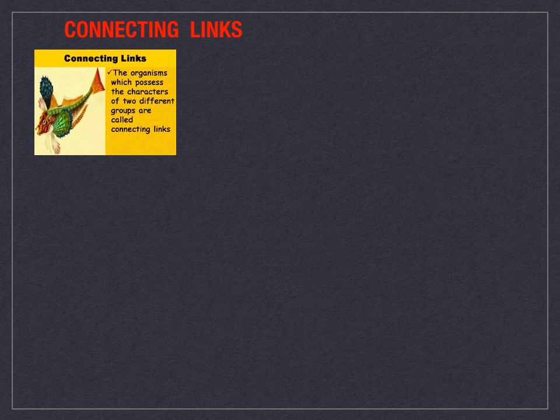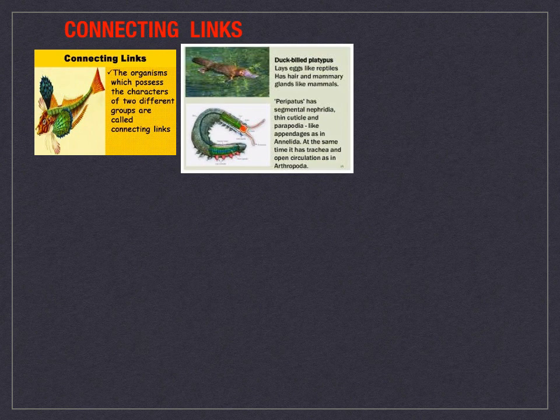For example, in peripatus, characters like a segmented body, thin cuticle, and parapodia-like organs are present. Similarly, these animals show tracheal respiration and an open circulatory system similar to arthropods. This indicates that peripatus is a connecting link between annelida and arthropoda.